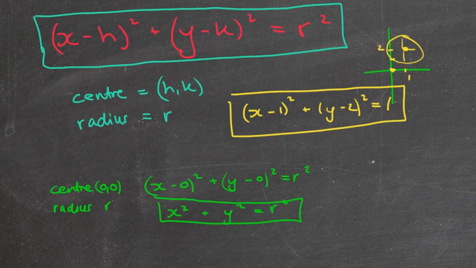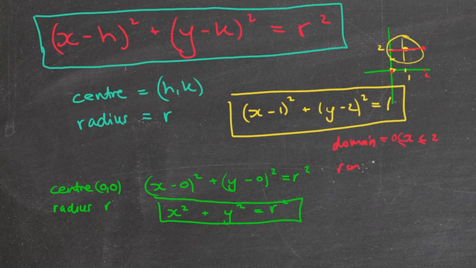If I look at the second one here, which we looked at, my domain, or my x values, go between 0 and 2, and it had a radius of 1. So x is greater than or equal to 0, less than or equal to 2.